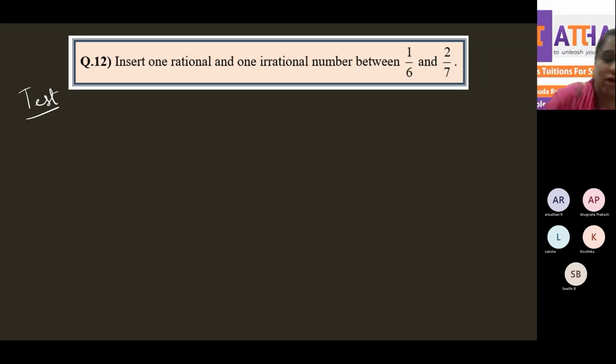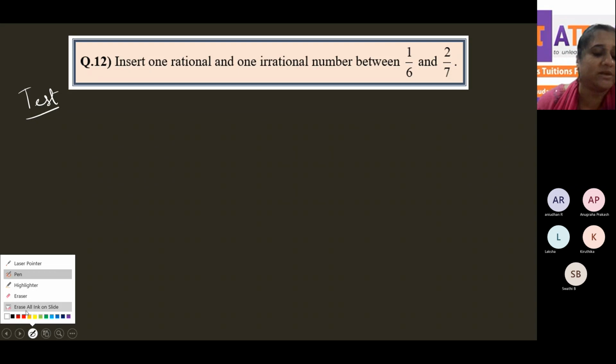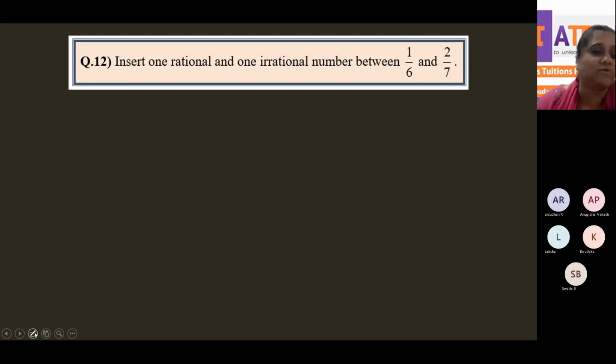So inserting rational numbers, we've already learned in 8th standard. In lower classes, we have learned how to insert rational numbers. To insert a rational number, you don't have to find the decimal expansion. But to find an irrational number, you have to find the decimal expansion. So see here, if at all you need help. Between 1/6 and 2/7, take the LCM.